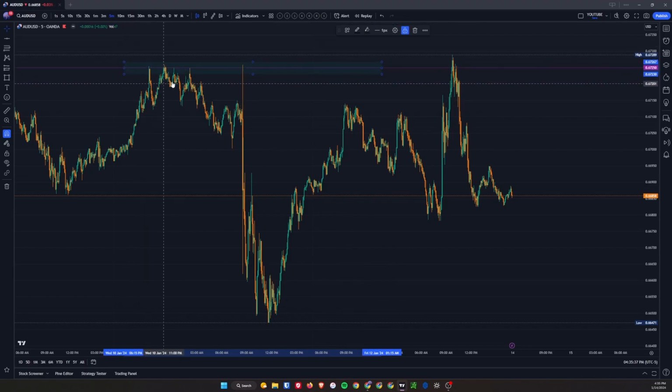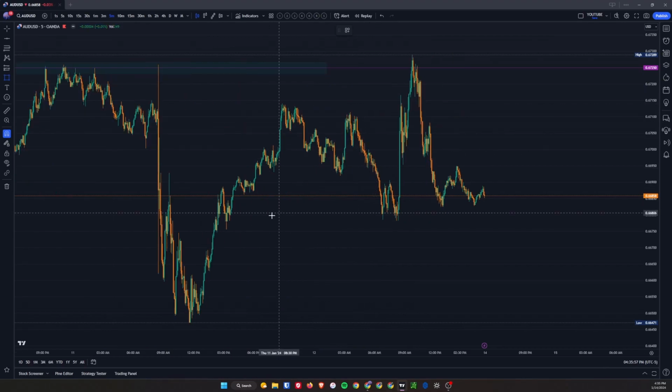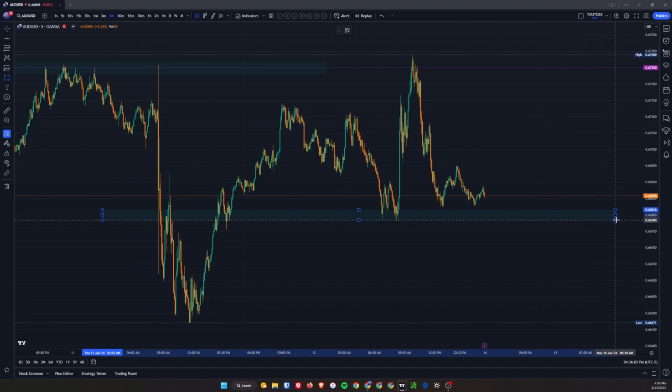So for example, this is a resistance zone, and then I'll highlight that zone with a more exact way of estimating that price, with a line at a specific price level that I think stands out. So this is how I would draw my resistance or support level. You could go down, let's say right here is a significant support level in price, right?